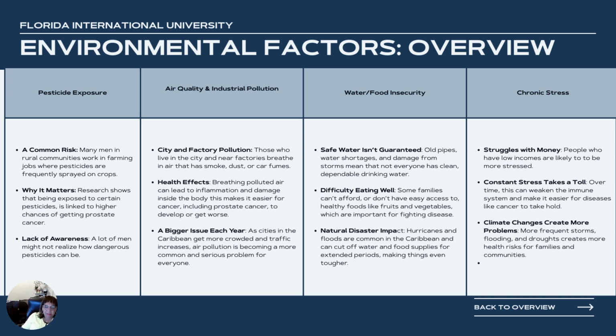And so why does that matter? It matters because research shows that being exposed to certain pesticides, like DDT, which is used in Caribbean farming, in banana farming for example, is linked to a higher chance of getting prostate cancer.